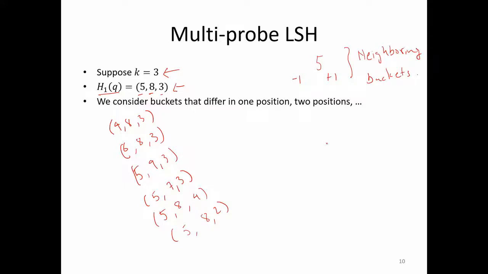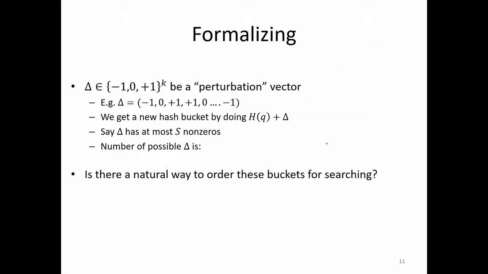Now you see, we can then have in the bucket space a perturbation vector. This delta vector can have entries in {-1, 0, +1} to the power k, where k is the number of hash functions in this particular hash table.